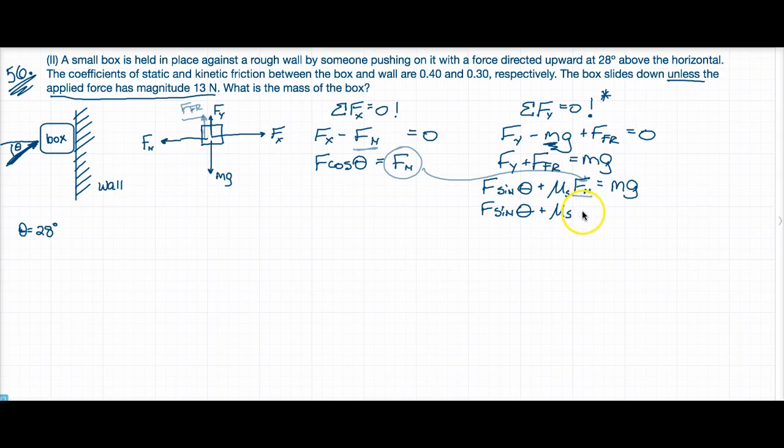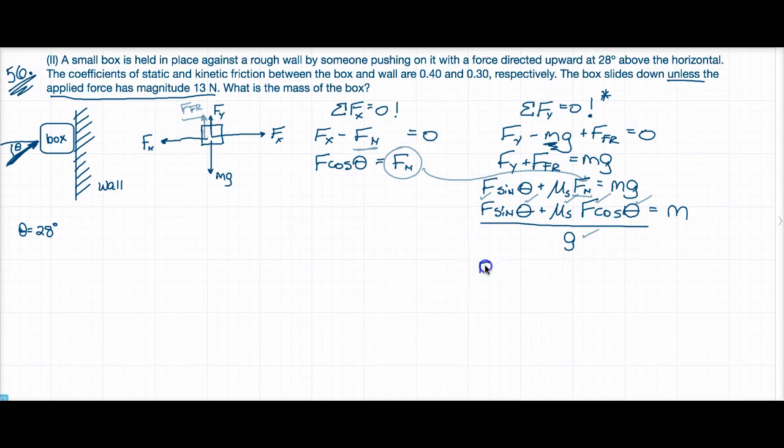So this becomes mu static times F cosine theta, equal to mg, and then I'm going to divide both sides by g. Since F is known, theta is known, mu static is known, and g is 9.8 meters per second squared, I can go ahead and substitute these values in.